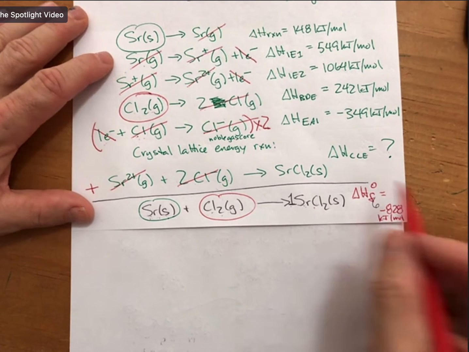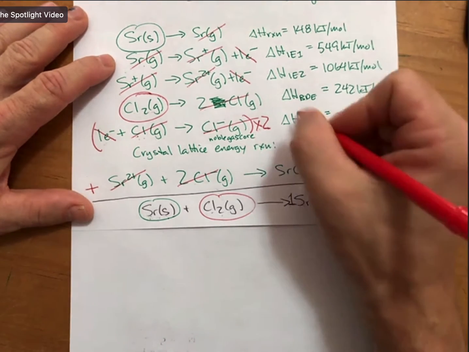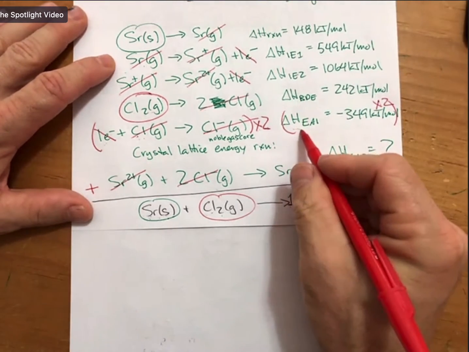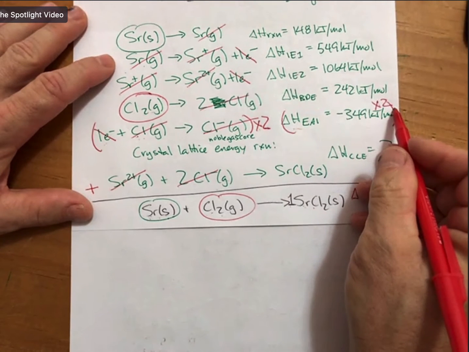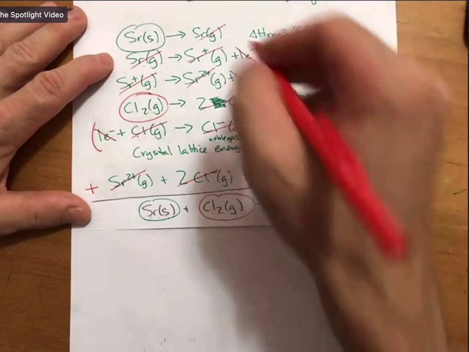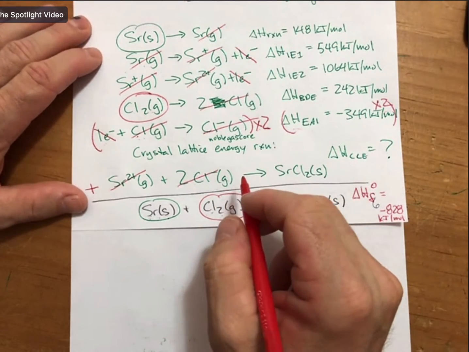And I did miss one other thing. Remember, if you multiply any reaction times 2, you have to multiply its delta H times 2 as well. So the new thing here is putting it all together in this specific way in what's called a Born-Haber cycle.